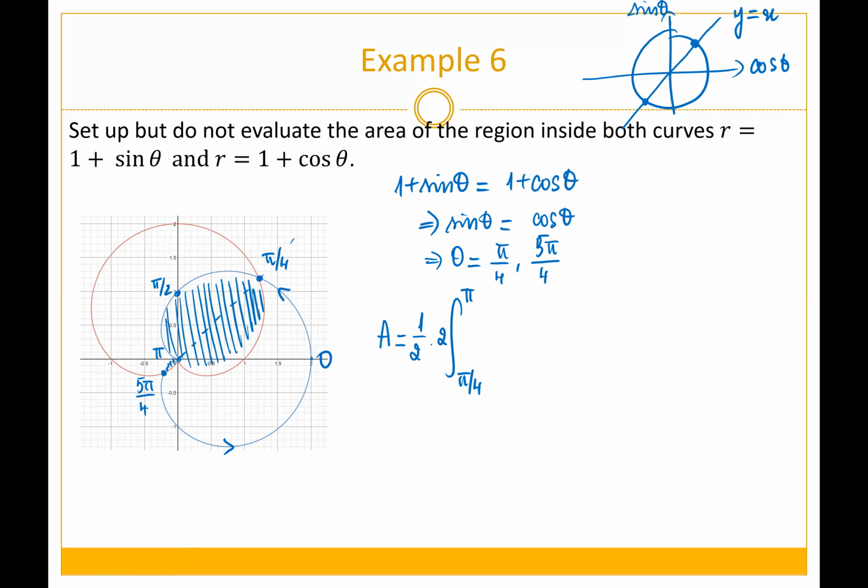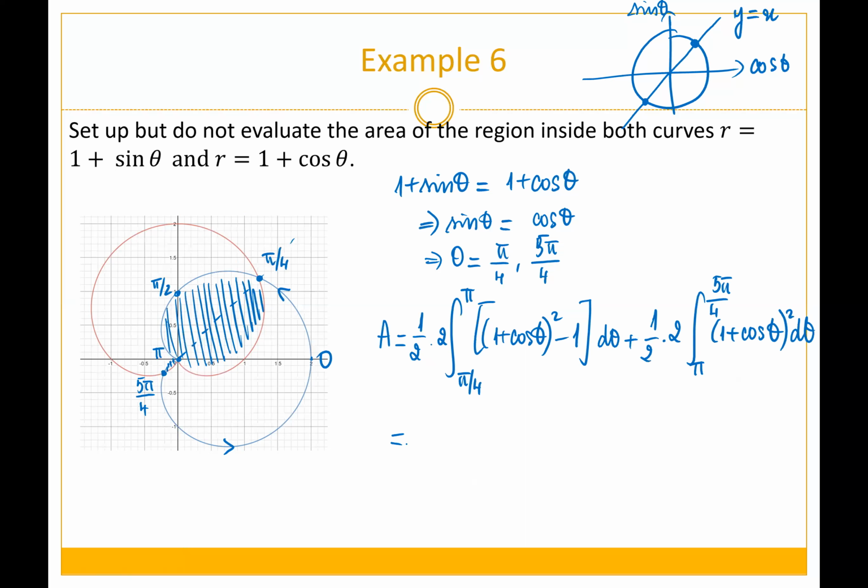This area from here to here, with the outer curve, is (1 plus cosine theta) squared minus 1 d theta. And I'm going to use symmetry again for the other one. So you have plus half multiplied by 2 from pi to 5 pi over 4 of the outer curve (1 plus cosine theta) squared d theta again.